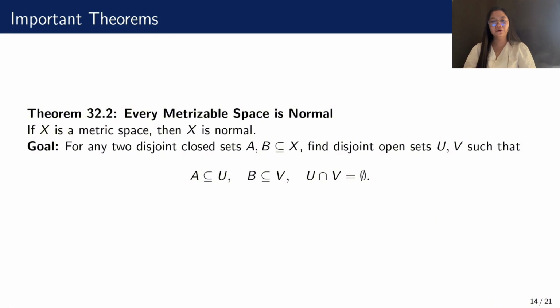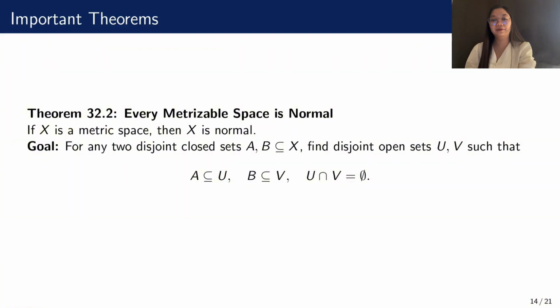Our goal here is, for any two disjoint closed sets A, B subset of X, to find disjoint open sets U, V such that A is a subset of U, B is a subset of V, and the intersection of U and V is empty.